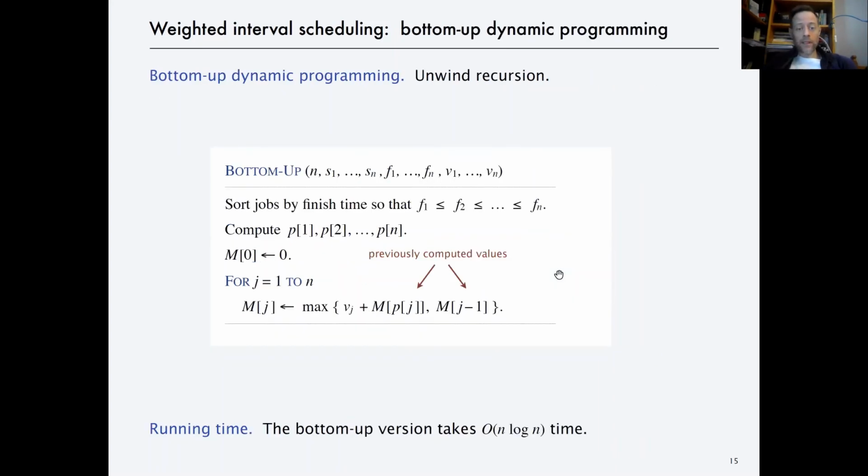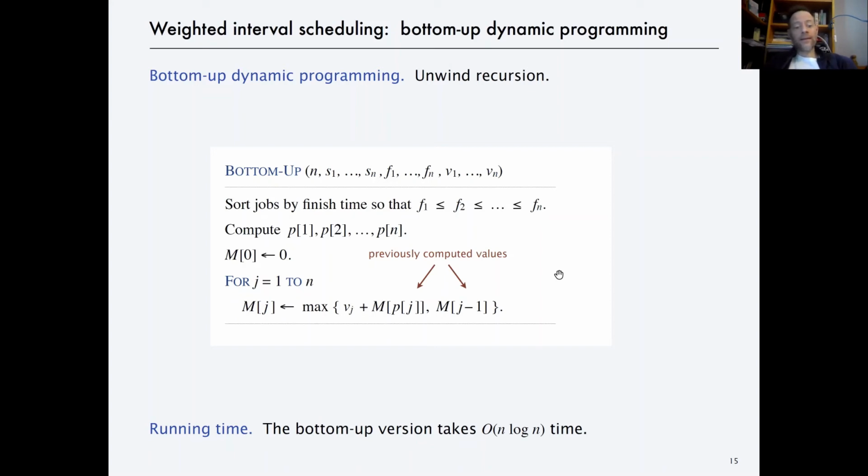The second approach, rather than top-down, is bottom-up dynamic programming. So here what you do is you start at the bottom with the smallest subproblems, and then you successively build up larger and larger subproblems until you build all the way up to the largest problem that you want to be able to solve. So in this case, we can see that we start at the bottom, basically with the earliest finish time jobs, so P1.